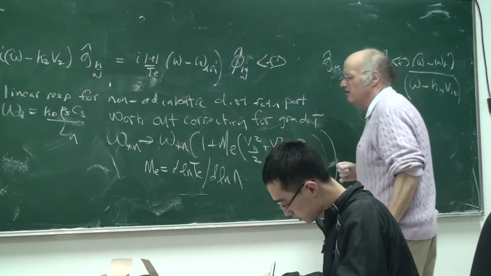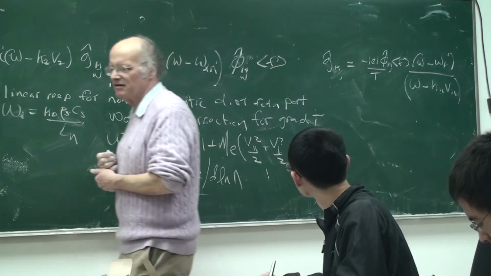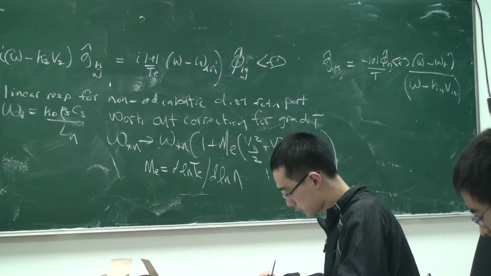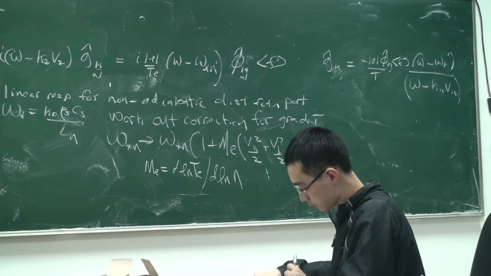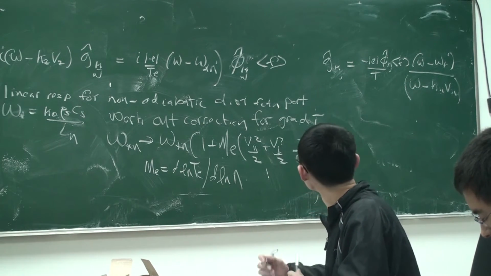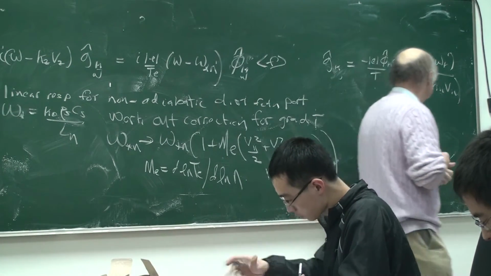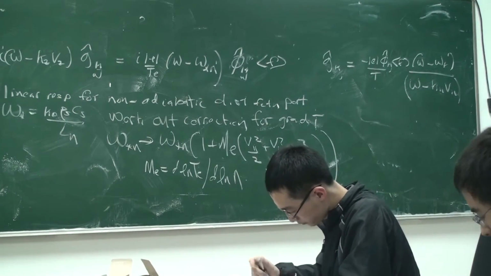And there is our linear response, right? That's the basic linear response for the electrons for the collisionless drift wave. Time is moving, unfortunately. Any questions?